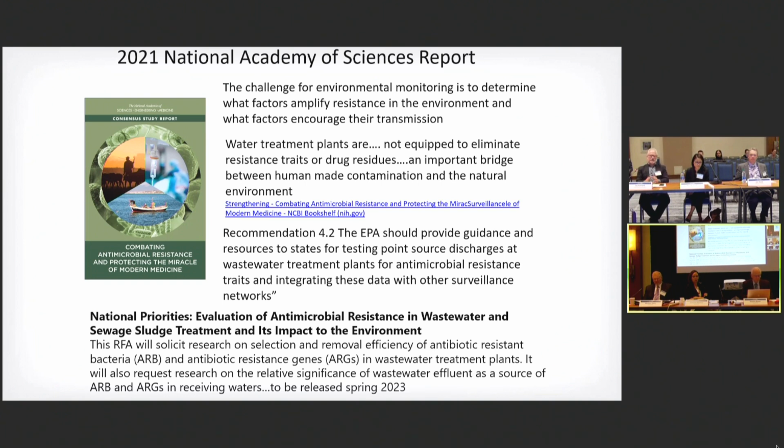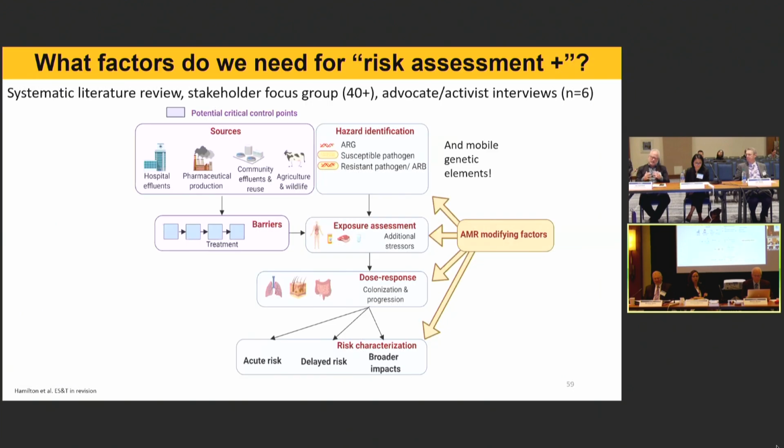Then finally, just in closing, real quickly, I just want to go back to this idea of risk models. We are actively working on risk models. Dr. Pruden mentioned this morning that there is the standard framework of quantitative microbial risk assessment, of looking at hazard identification, exposure assessment, dose response, then getting at the actual risk characterization. That's a very standard approach that we use in our regulation for drinking water, recreational water use. The point of these slides, I know there's a lot of detail here.